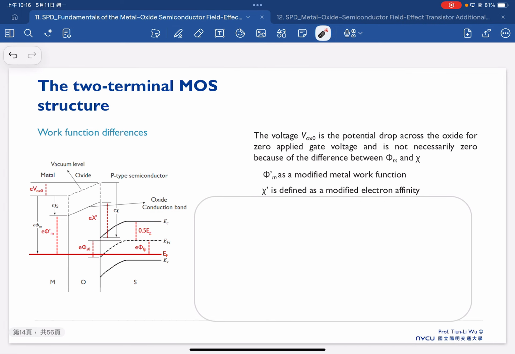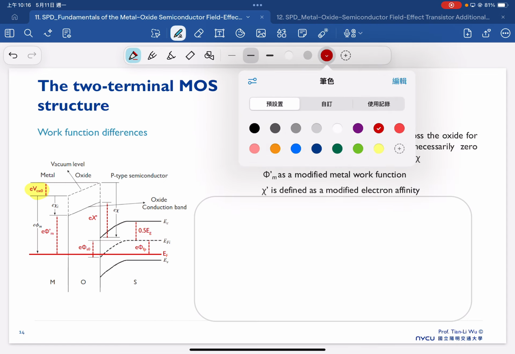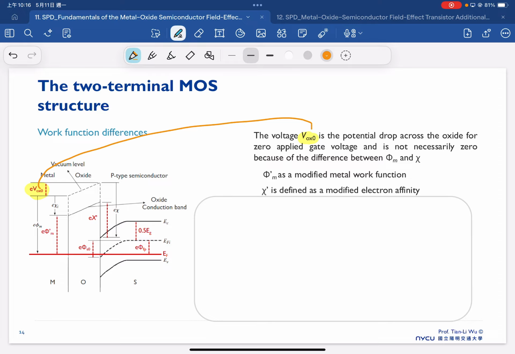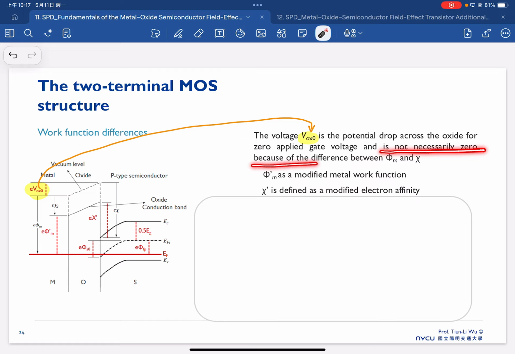So now we will try to analyze this work function difference here. So we have this VOX0, which is a voltage drop. The voltage VOX0 is the potential drop across the oxide for zero applied gate bias, and it's not necessarily zero because of the difference between phi m and electron affinity.